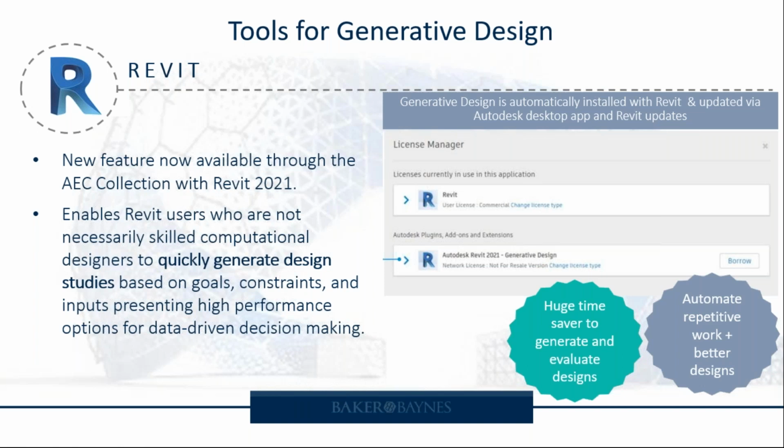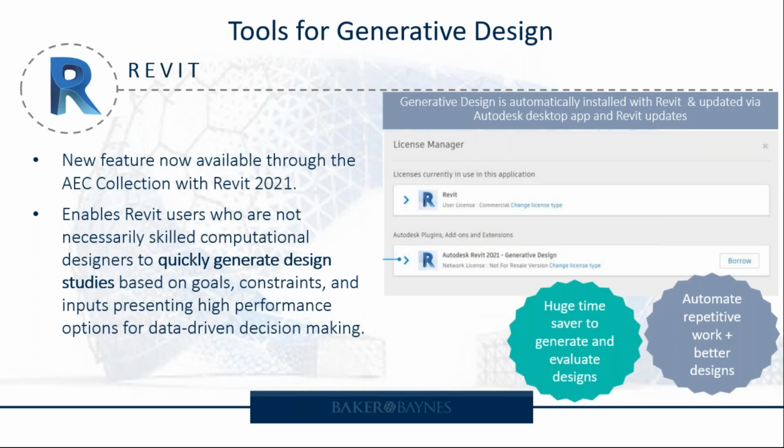And within Revit, these generative design tools allow design technologists to create scripts and then share them with other Revit designers. So for example, there are some users who don't necessarily want to get into the very details of scripting. They can then use these to leverage these automated workflows in the context of their Revit model.